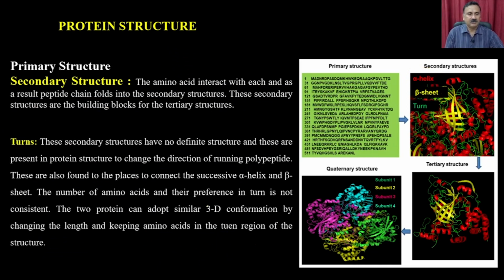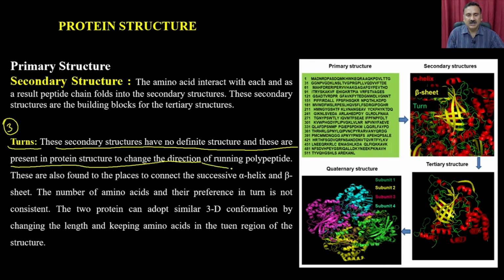Now there is a third secondary structure, and it is called the turns. These secondary structures have no definite structure, and they are present in the protein structure to change the direction of the running polypeptide. They are also found to be places that connect successive alpha helices and beta sheets.